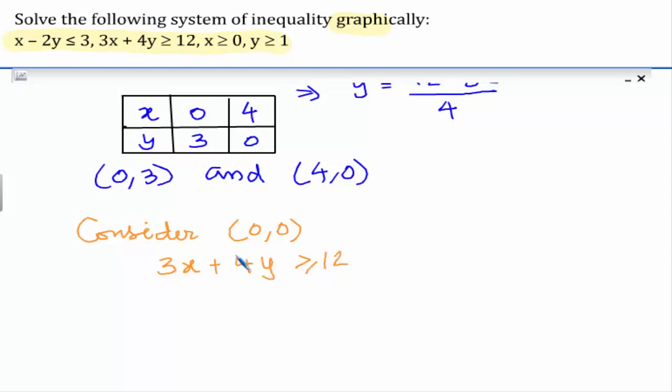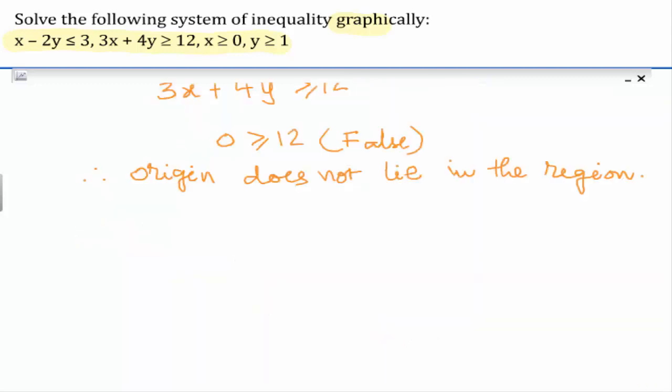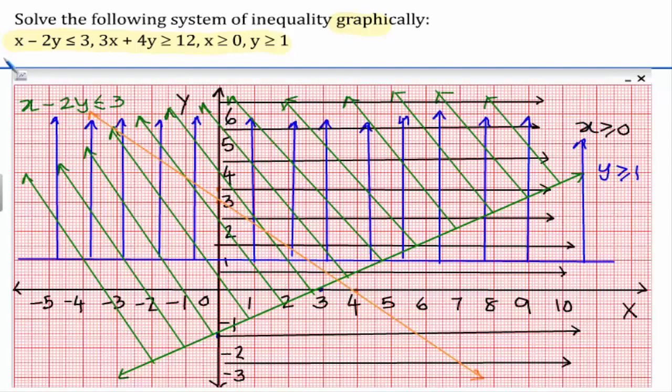If I substitute 0 in place of x and y, I get 0 greater than or equal to 12, which is a false statement. So therefore the origin does not lie in the region. So we have to draw the lines opposite to the origin. It is like this. So the orange lines represent the solution of the inequality 3x plus 4y greater than or equal to 12.